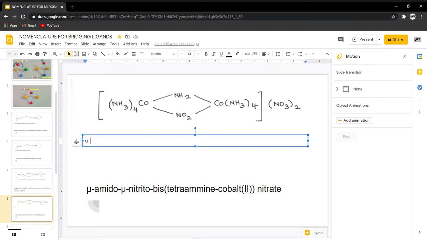Since it coordinates via nitrogen, it is nitro. Nitro or nitrito, everything is fine. Okay, mu amido, mu nitro. Since the groups attached to the bridging ligands are the same, I am using the prefix bis.